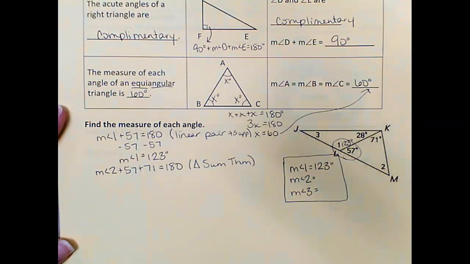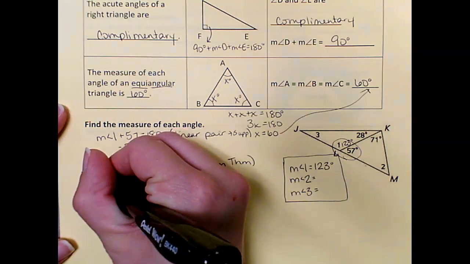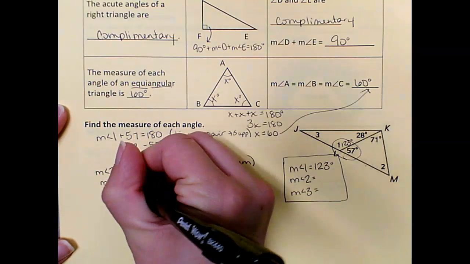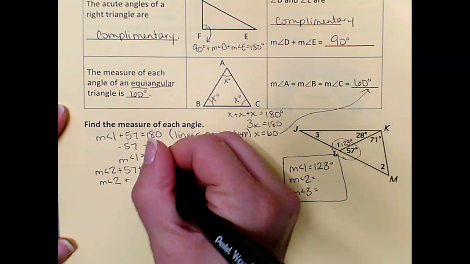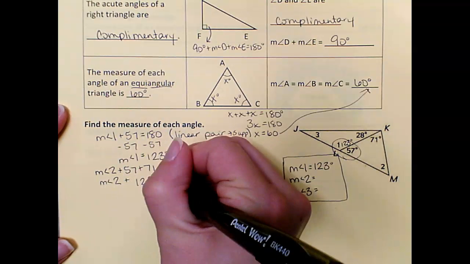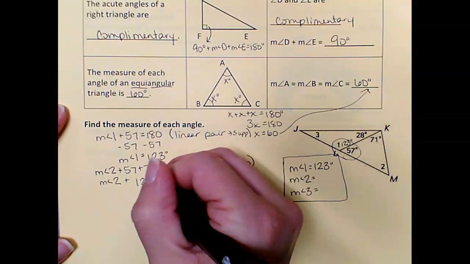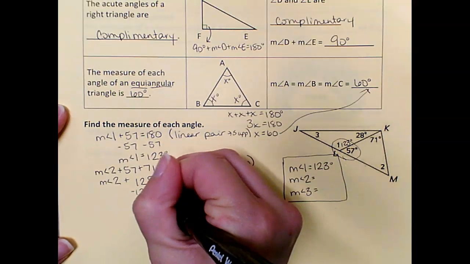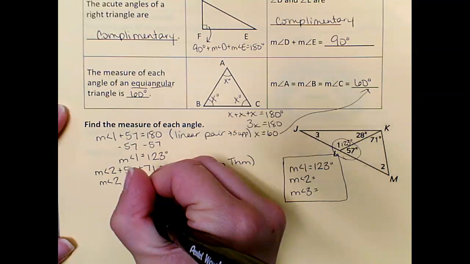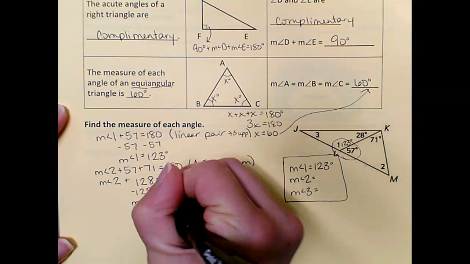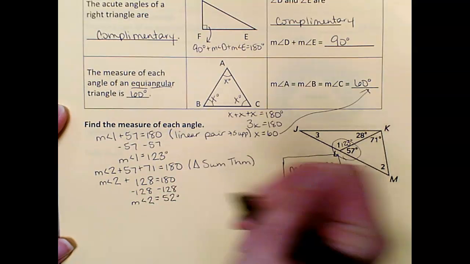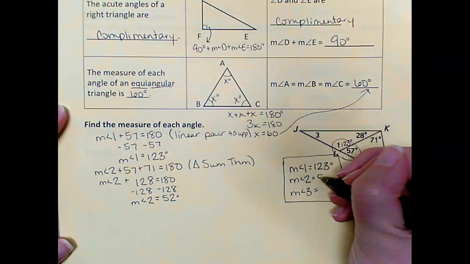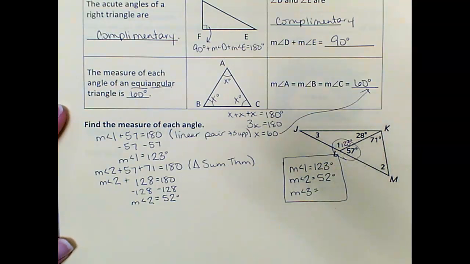So take a moment to solve for the measure of angle 2. You should get an angle measure for angle 2 of 52 degrees.